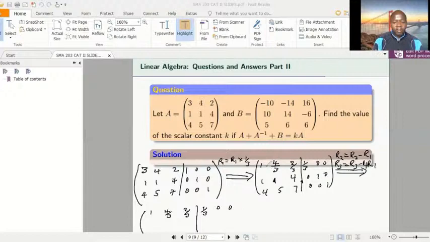Now, row 2 minus row 1. This gives me 0. Then 4 minus 4 out of 3, and this 4 minus 2 out of 3 is the same as 10 out of 3.